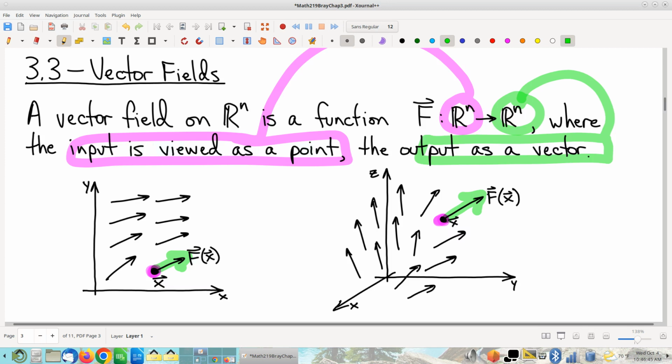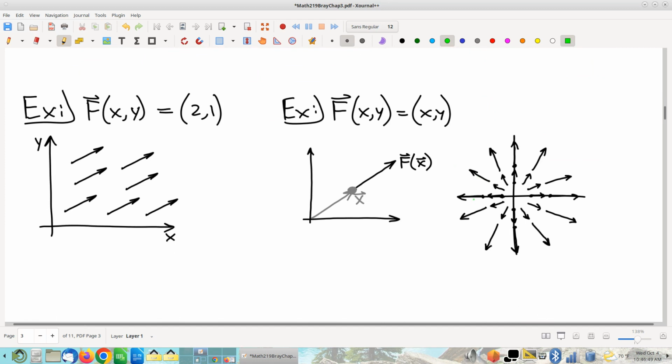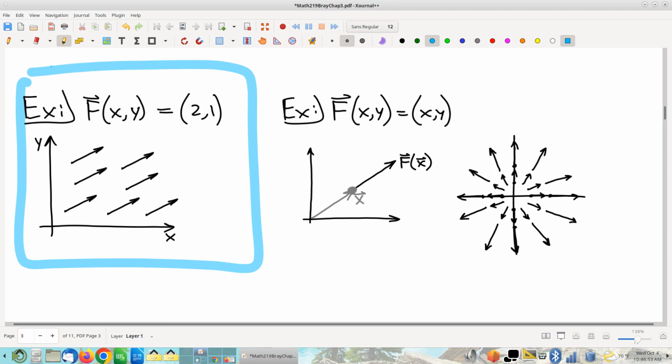All right. So yeah, just a couple of examples. Start with this constant vector field on the left. I say constant because you'll notice the output is constant. Doesn't depend on where you are. Right? So thus the term constant vector field. The weird thing about this is what it looks like. Notice it kind of looks like something's increasing, doesn't it? Right?